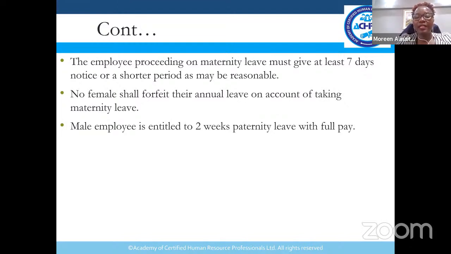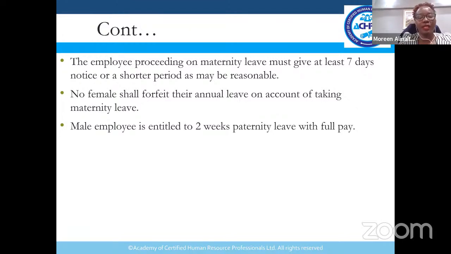A male employee is entitled to 2 weeks paternity leave with full pay, okay? What does this mean?